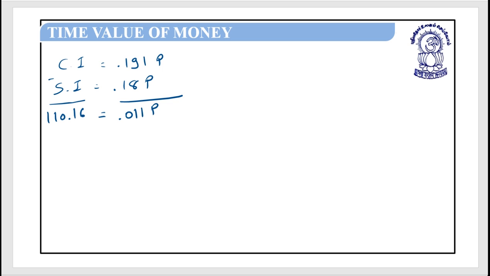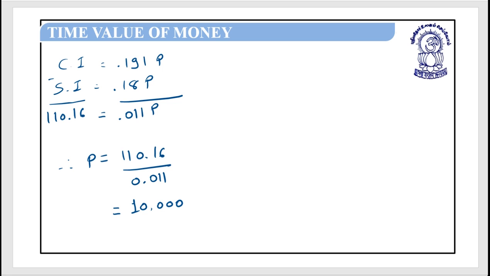Compound interest is 0.191 P. Simple interest is 0.18 P. So minus, difference is given 110.16. 0.191 minus 0.18 is equal to 0.011 P. So P is equal to 110.16 by 0.011 is equal to 10,000.